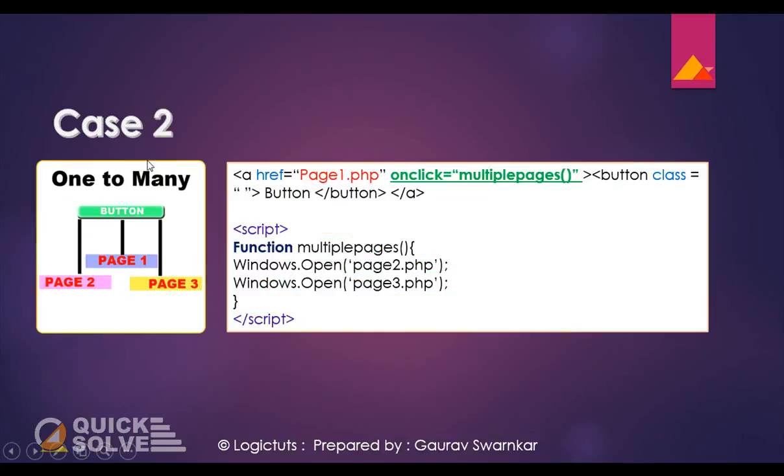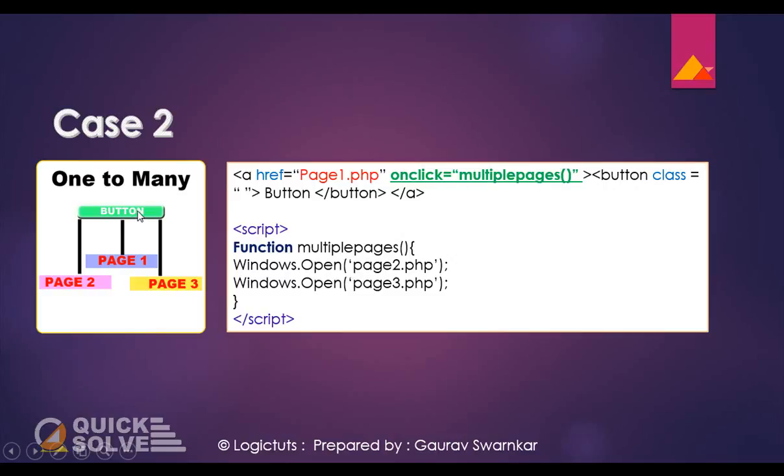In the next case, we are including a JavaScript here, and what this does is that when I click the button, it opens 3 different pages. I referred the anchor text to a basic page, page1.php, and I included a JavaScript function with onclick.